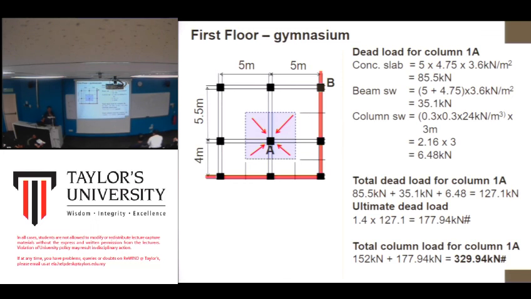You don't have to take, say, kitchen 2.0, bathroom 2.0, and if you have a gym in the house, 4.0. You don't have to do that. Basically, just put 1.5 for all the spaces.